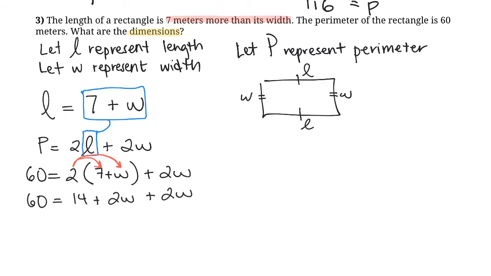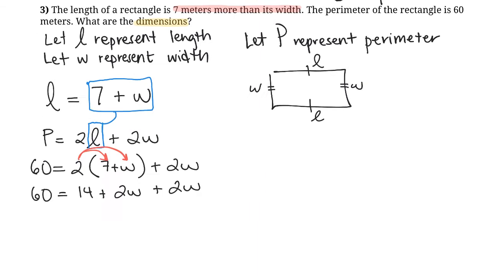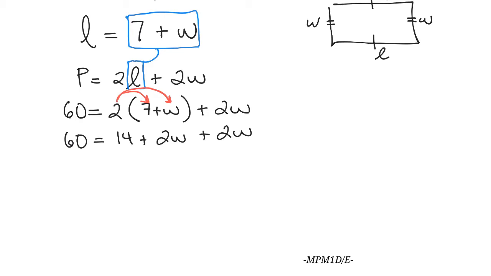All right, so now we want to go ahead and collect like terms. So in order to do that, I'm going to take this 14, and move it over to the left-hand side. By moving the 14 over, it's going to become a minus 14. The 2 W's are just going to stay where they are. Okay, and now we're actually going to do the math.